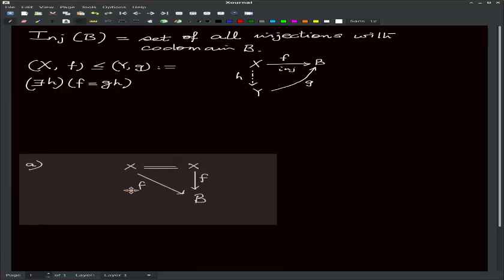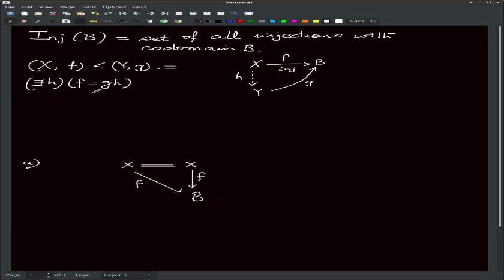Properties of injections are required. So what is it? F is an injection. So a composite of two maps is an injection, it implies that H is an injection. It is a property of injection, right?